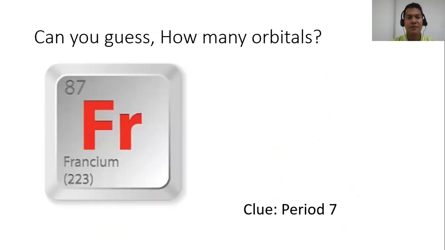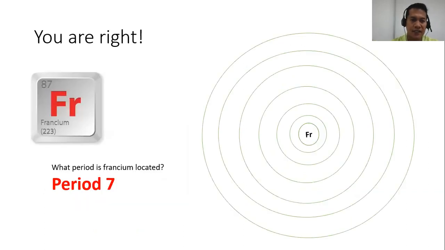Now, can you guess how many orbitals or how many shells francium has? Clue: francium is in period 7. So you are expecting to see... You're right.